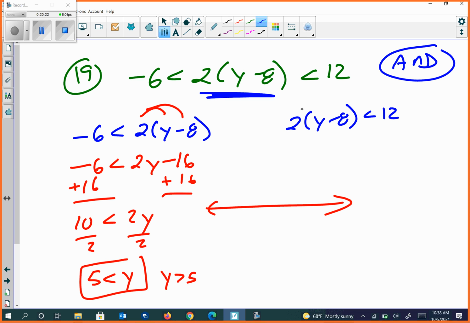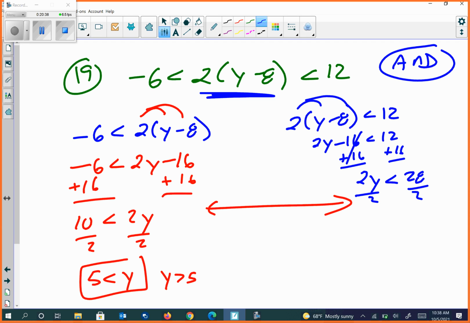And then this one, I'm going to distribute 2 over the parentheses. Those cancel. So 28, divide by 2, divide by 2. y is less than 14.